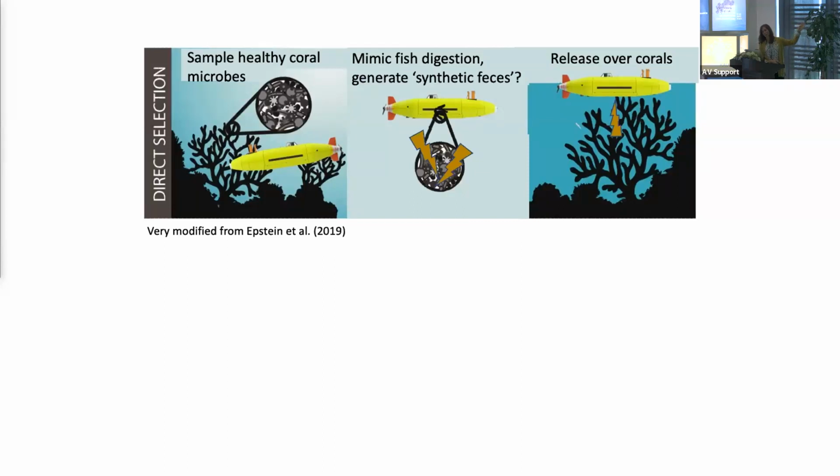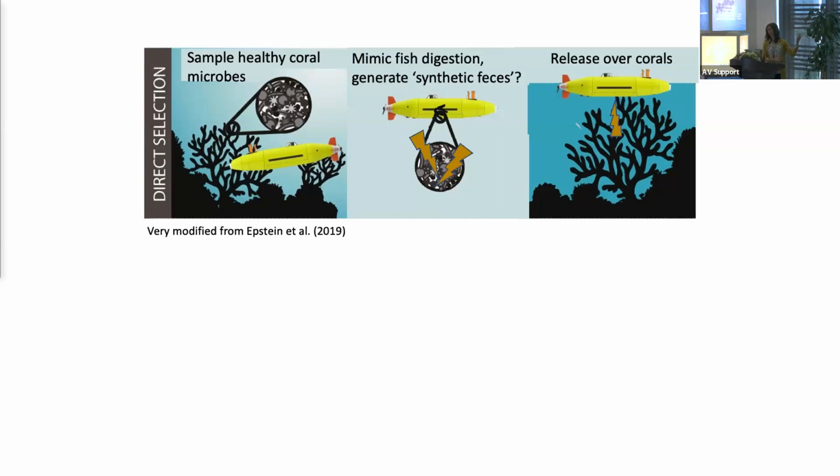So this is a very bizarre rendition of how we might think about using a robot. But basically, if there were a robot that could go around the reef and just suck pieces of coral polyp off, like break off a little piece of a branching coral or suck some polyps off of a massive coral, mush that up internally, maybe add it to some sort of synthetic vector that was negatively buoyant, like a fake fecal matrix, and then essentially just swim around the reef and release that, we might be able to have robots accomplishing this process that coral eating fishes accomplish, but perhaps even in a more targeted way.